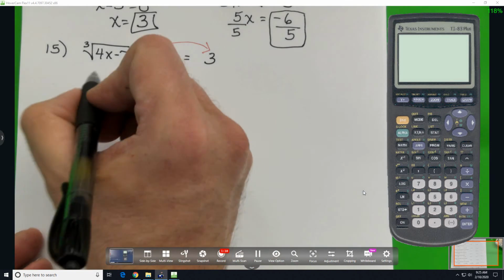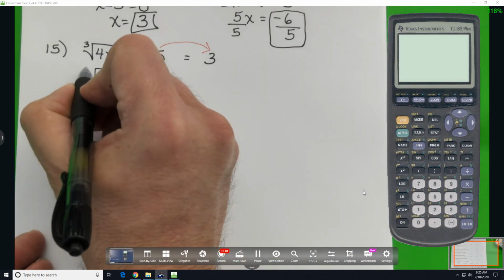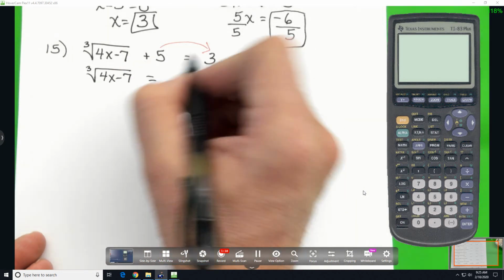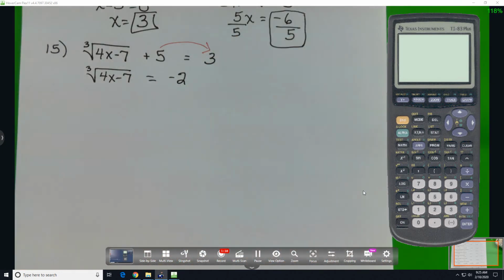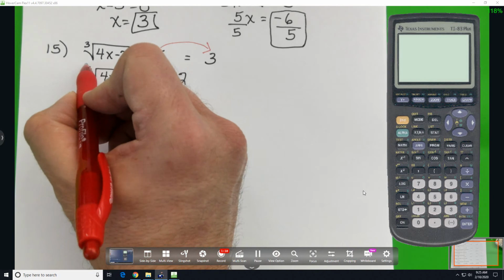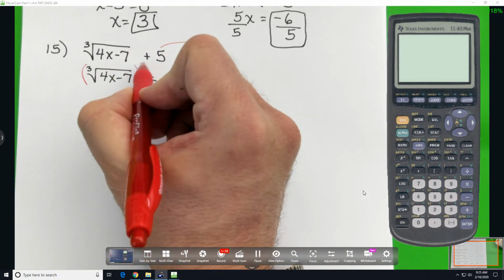We'd have cube root of 4x minus 7 equals, is that a negative 2? 3 minus 5? Now let's cancel out that radical. What will I do to both sides to cancel out a cube root? Cube it.